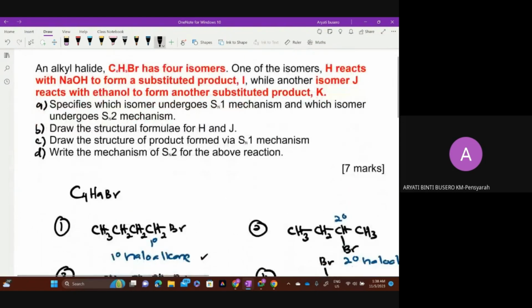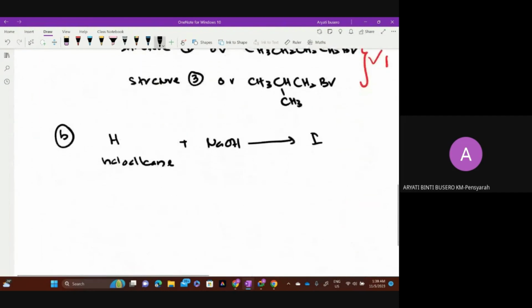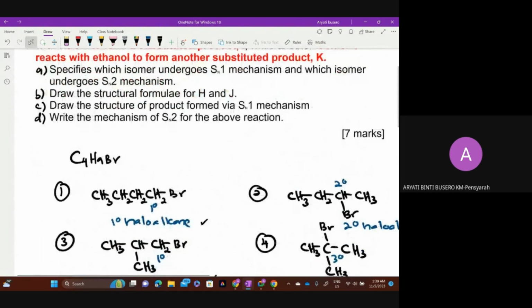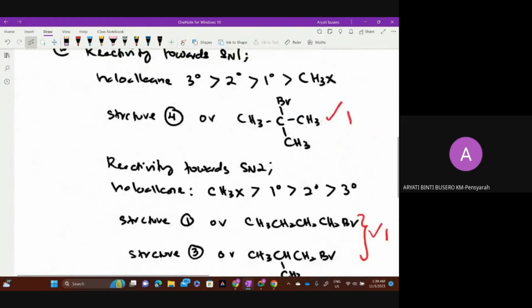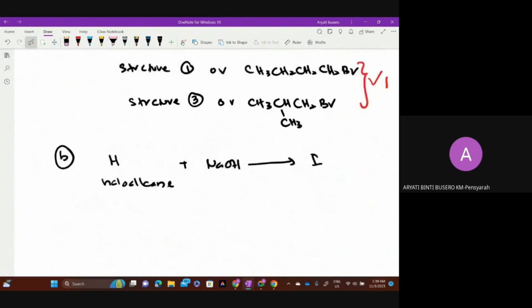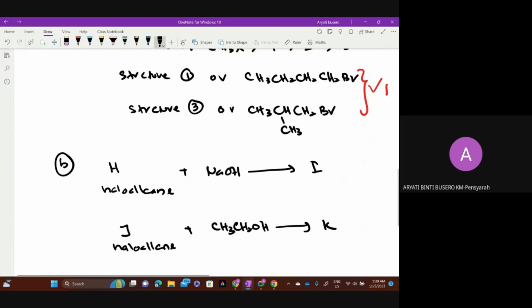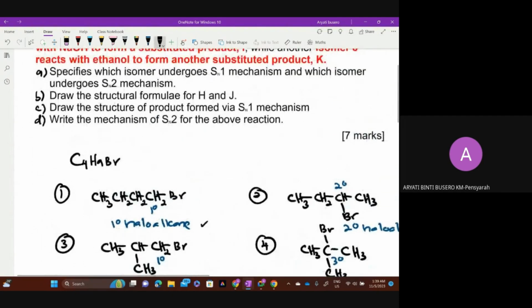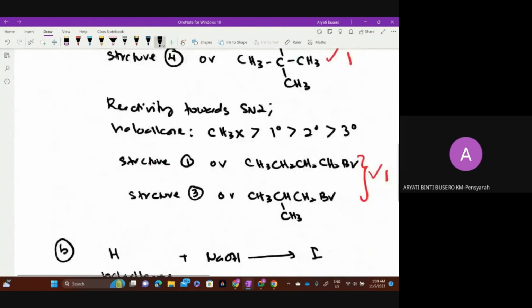Okay. Another, kita simplify question. Dia kata another isomer J react with ethanol to form substituted product K. J haloalkane react with ethanol produce product K. So the question asks you to draw the structure formula of H and J. Okay.